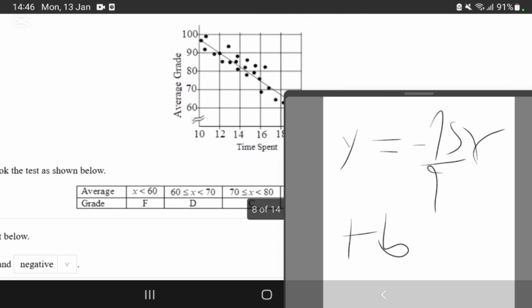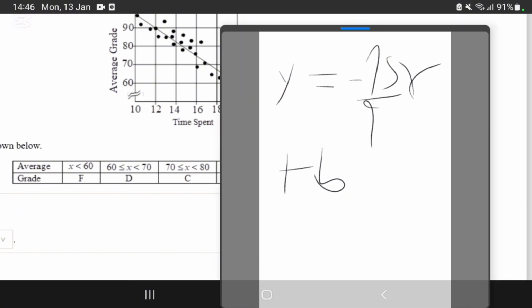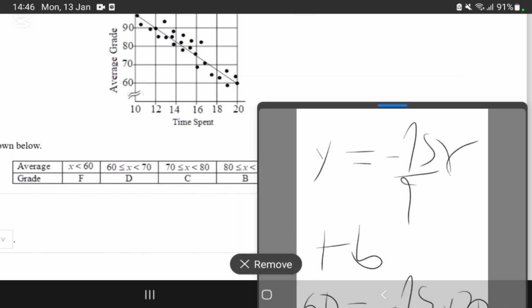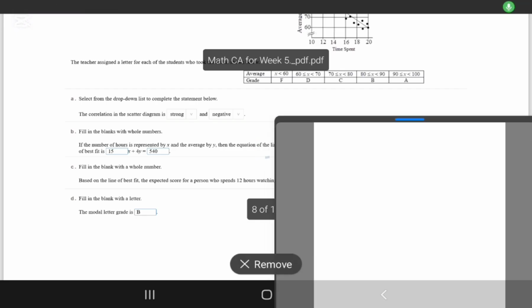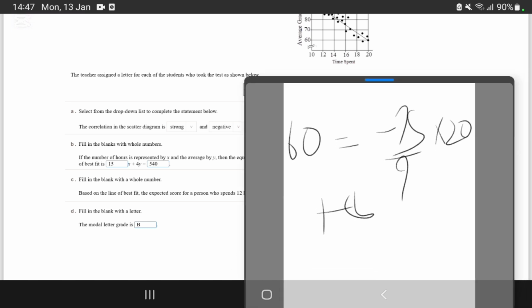To find b, let's take 2 points. Again, let's take 20, 60. So 60 is equal to negative 15 over 4 times 20 plus b, and then we get that b is equal to 135.